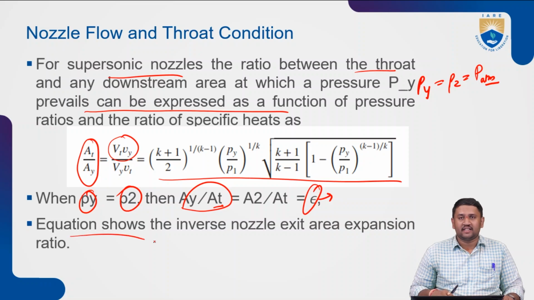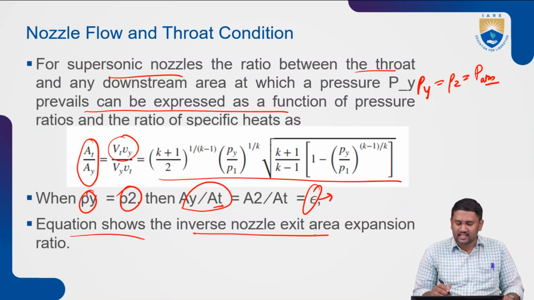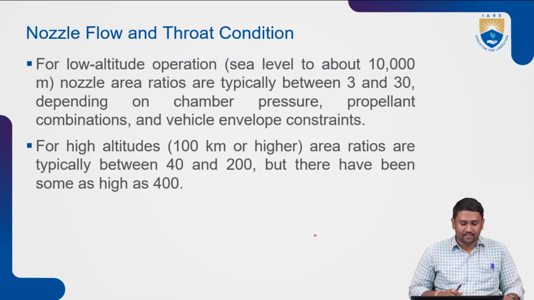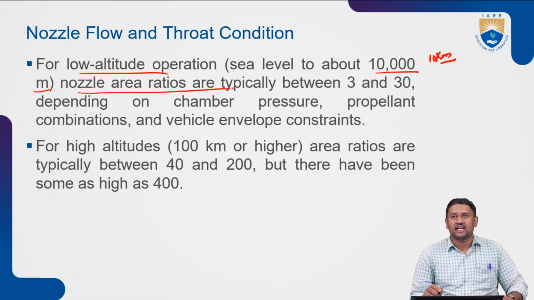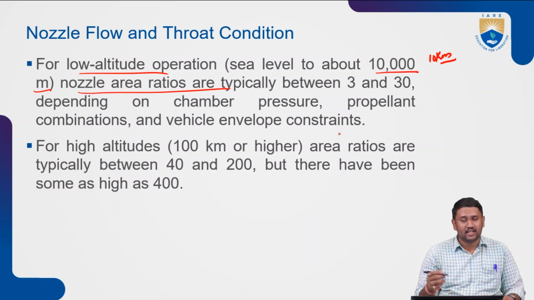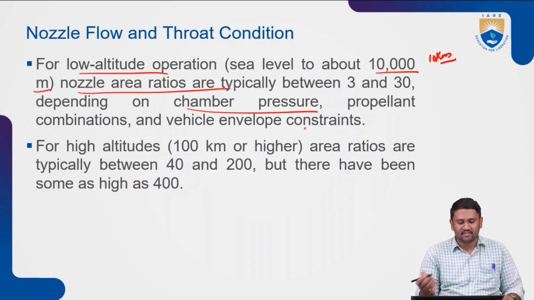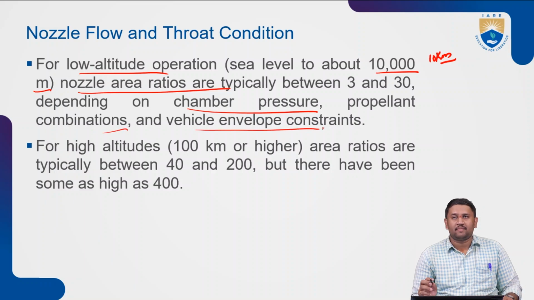Now, the equation shows the inverse nozzle exit area expansion ratio. For low altitude operations, that is sea level to about 10,000 meters, particularly 10 kilometers, nozzle area ratios are typically between 3 to 30, depending on the chamber pressure as well as the propellant combinations and vehicle envelope constraints.